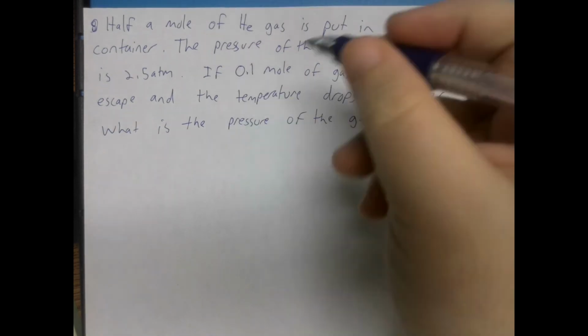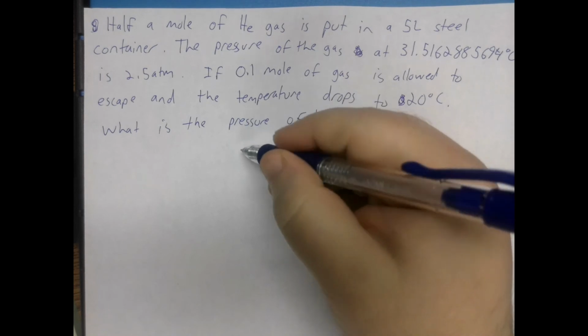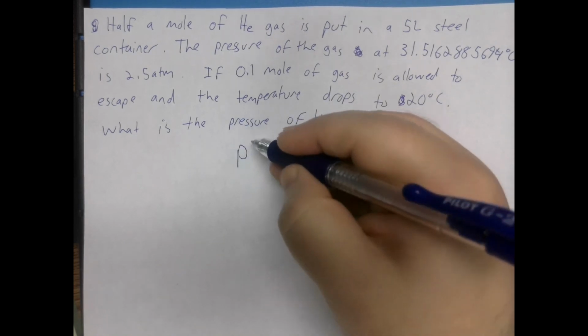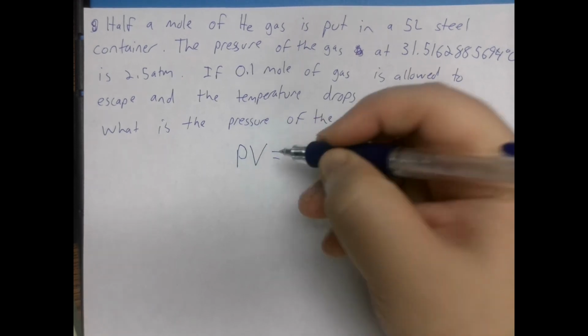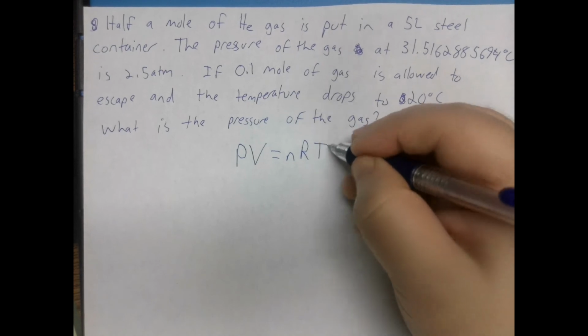So this is dealing with the relationship between moles, pressure, volume, and temperature. It uses the ideal gas law. Pressure times volume is equal to number of moles times gas constant times temperature.